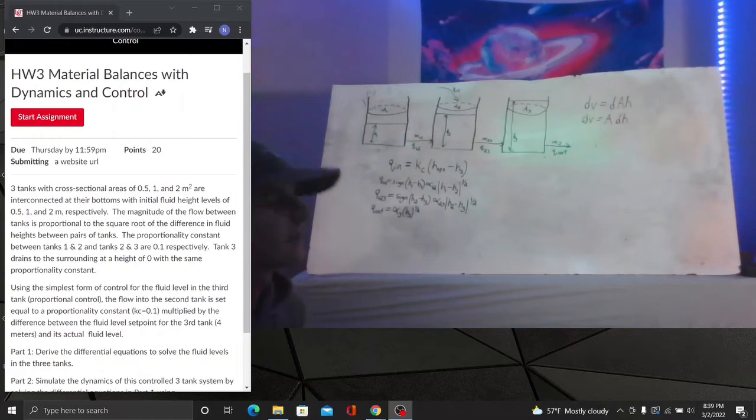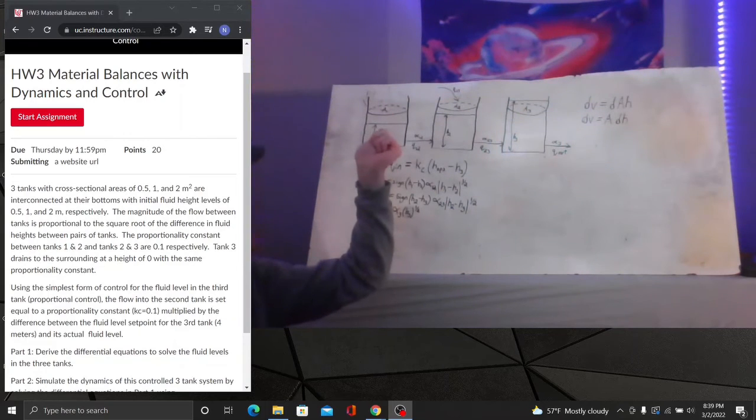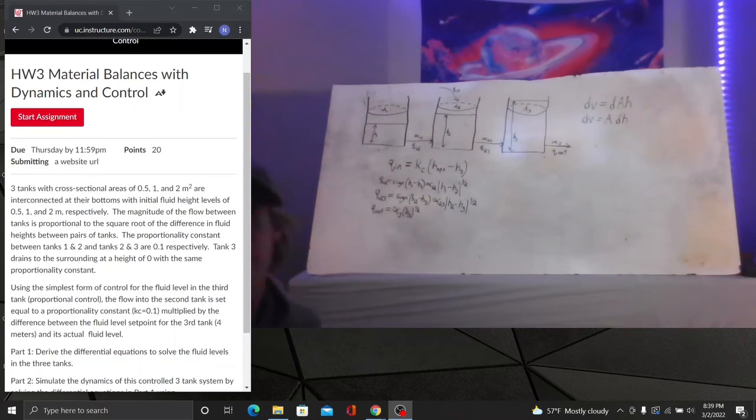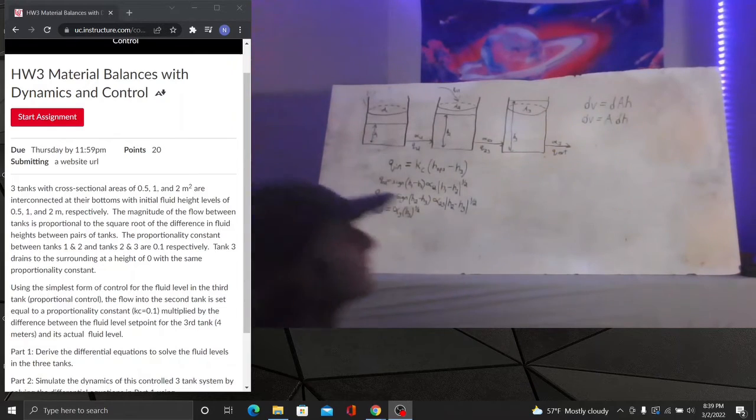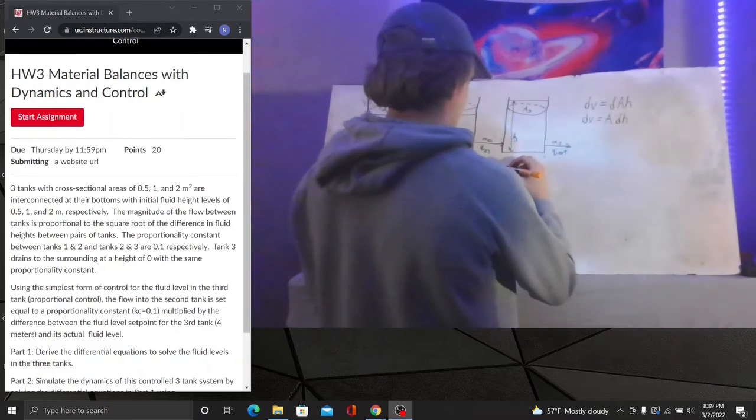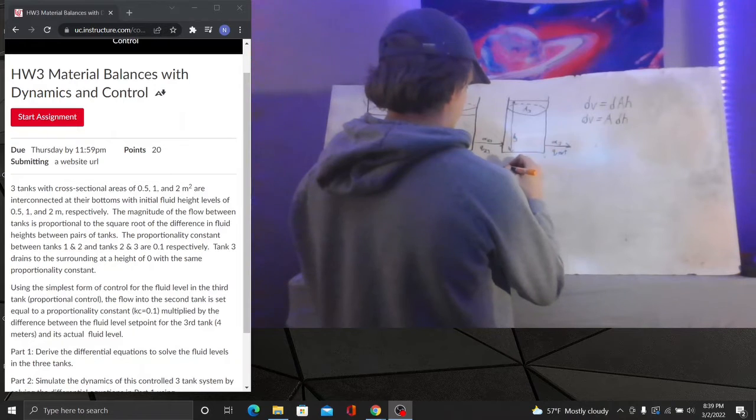So now comes the material balance part of this problem. So that means whatever's coming in is going to equal what's coming out. So I'm going to make an equation for each of the tanks. So starting with tank 1.